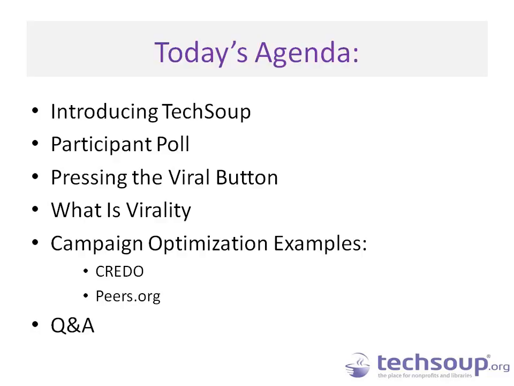And also, what is virality? And then he's going to give us some examples of campaigns that have been optimized and what the differences are between one that's been optimized and one that's not, and what the impact is on their numbers when they're able to optimize. And then we'll have time for Q&A.